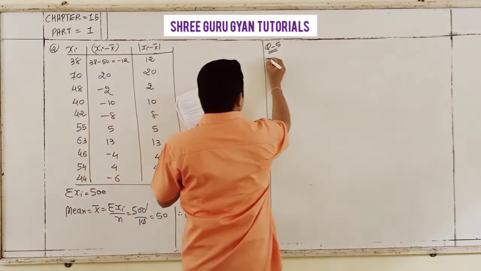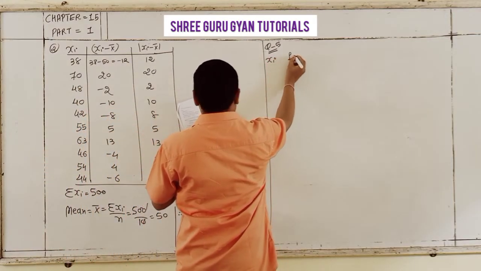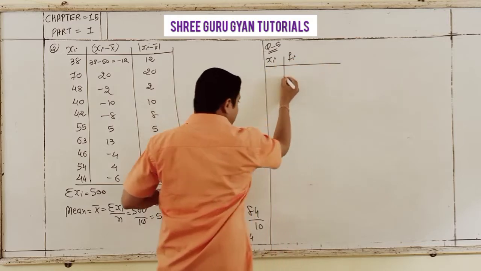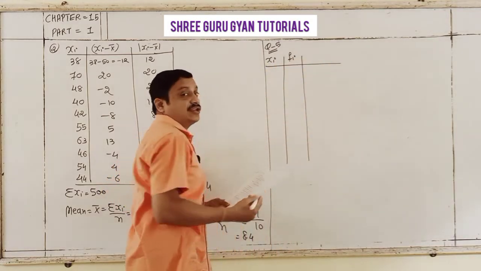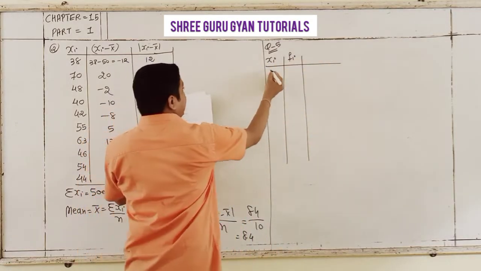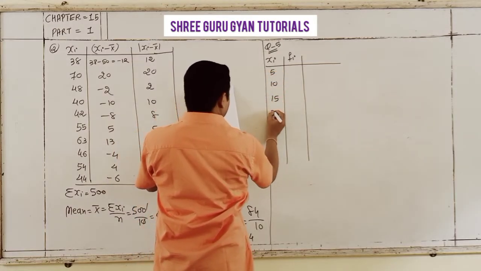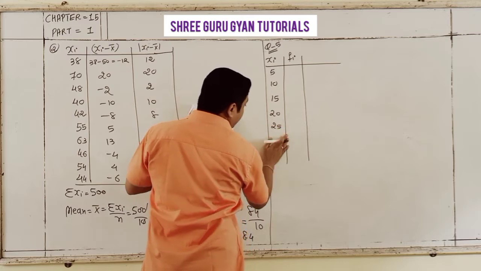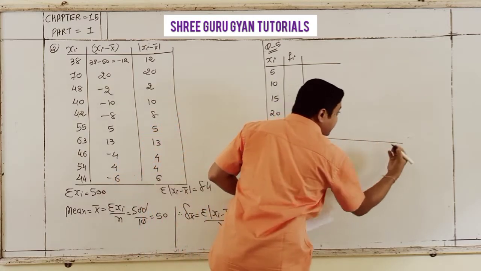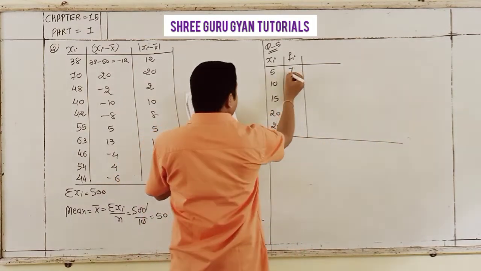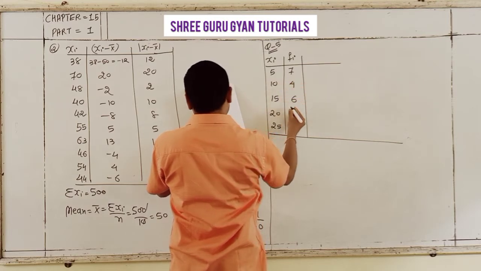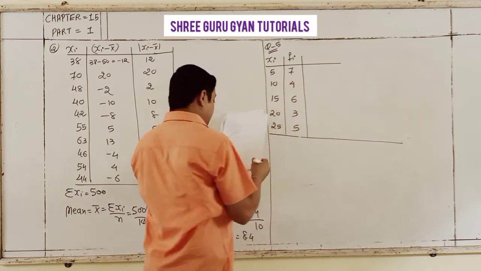Here xi, fi, start very easily by totaling fi. In question 5, the xi values are 5, 10, 15, 20 and 25, and the given frequencies are 7, 4, 6, 3 and 5.